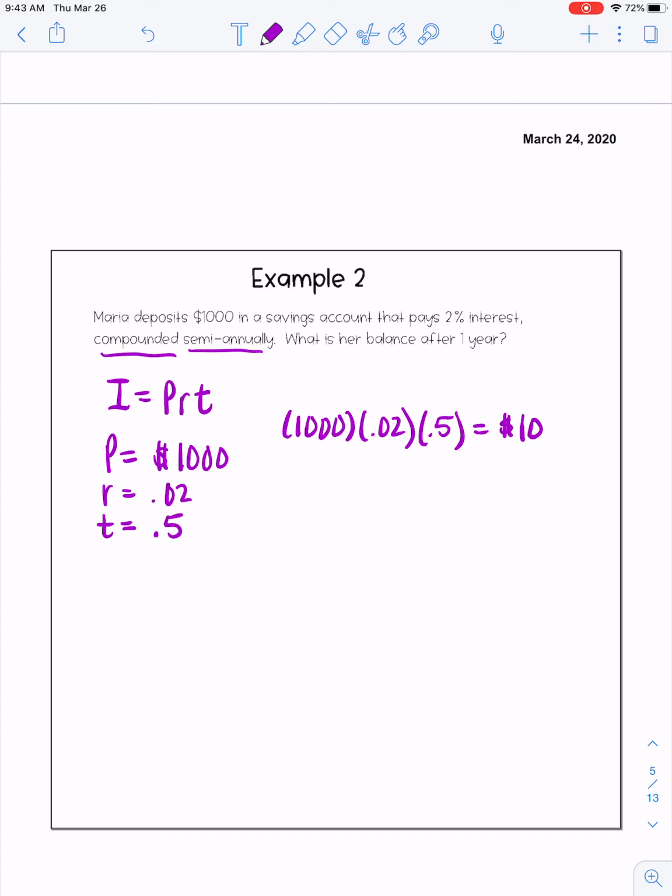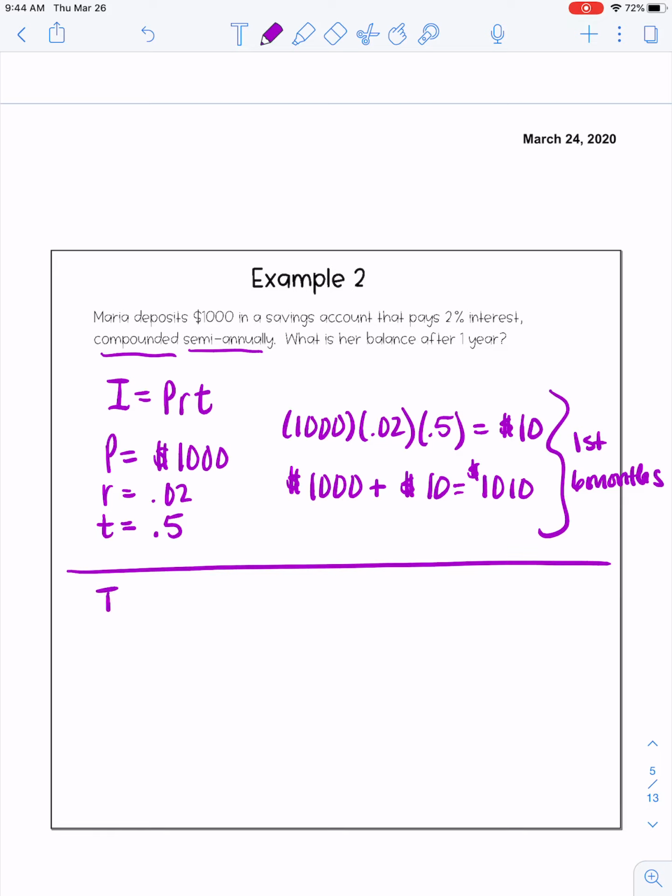Then I have 1,000 plus 10, which is $1,010. That's for the first 6 months. So guess what I have to do now? I have to do it again. I equals PRT, but now my P has changed.